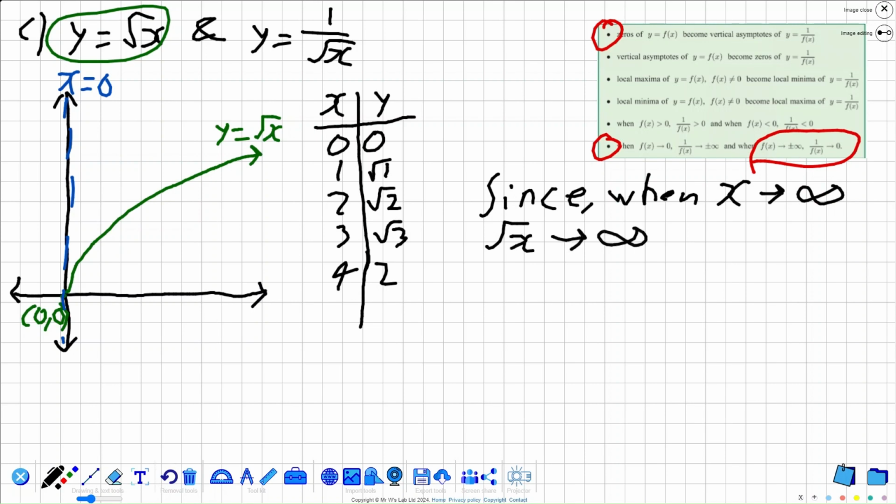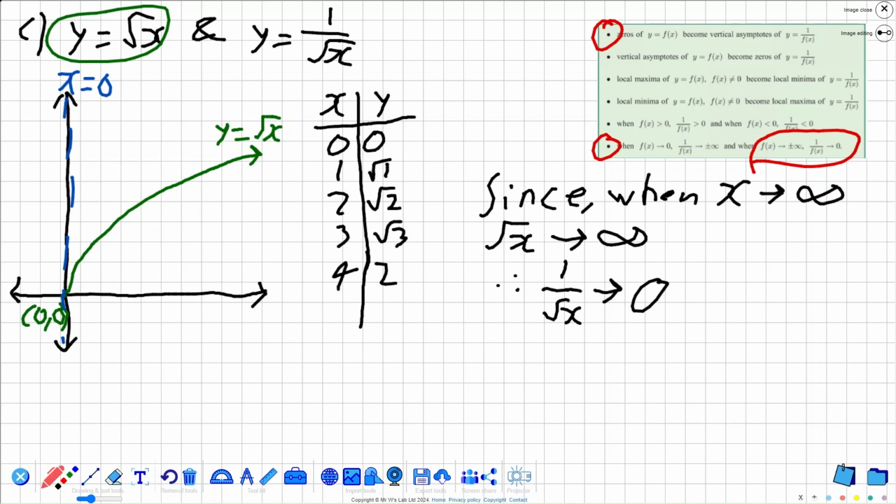Even if after each step the amount of change decreases, it's still approaching that. So therefore, using that rule, it is clear that 1 over root x will actually approach 0. So if it's approaching 0, it means it's going downwards. It doesn't touch 0, but it approaches it.